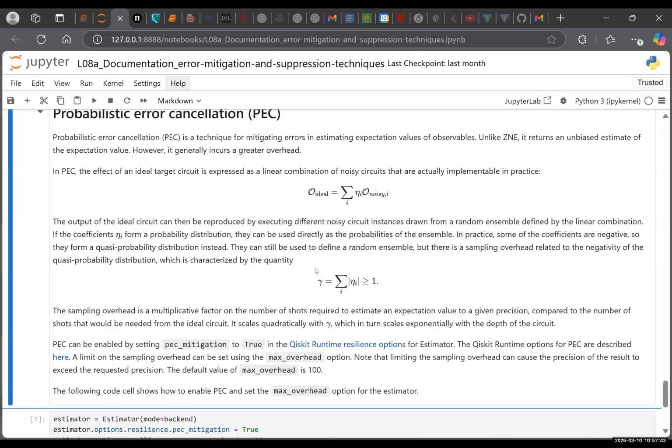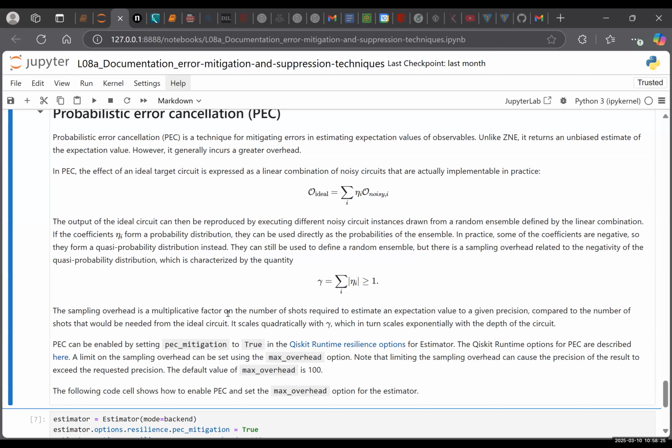So then you can invert that. The output of the ideal circuit can be reproduced by executing different noisy circuit instances drawn from a random ensemble defined by the linear combination. If the coefficients eta form a probability distribution, they can be used directly as probabilities of the ensemble. In practice, some of the coefficients are negative, so they form a quasi-probability distribution. This can be used to define a random ensemble, but there is a sampling overhead characterized by this sum of the norms, gamma.